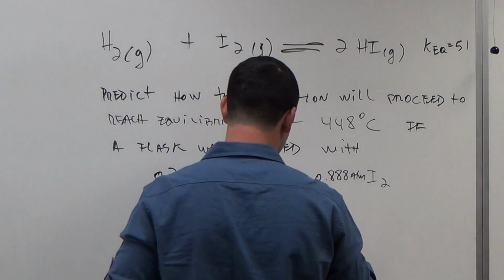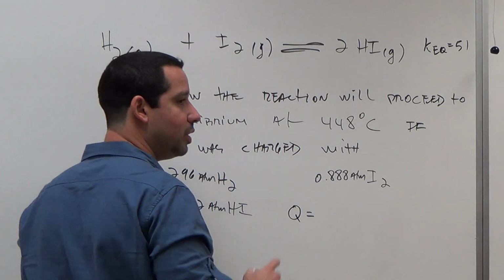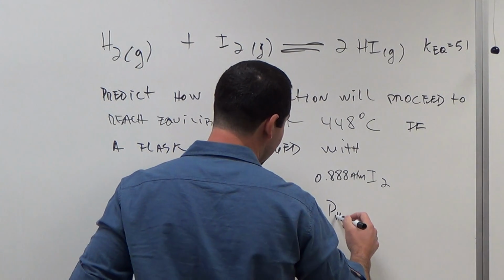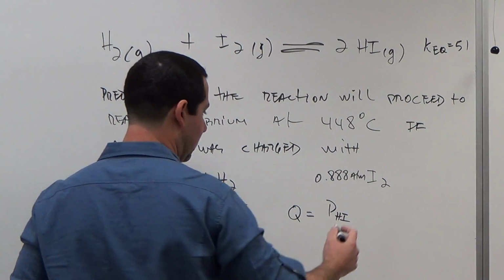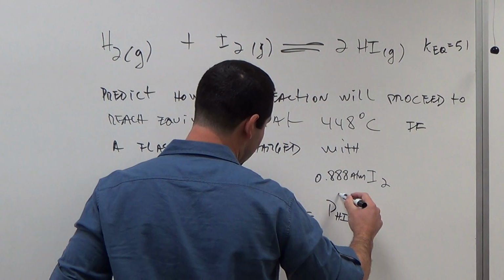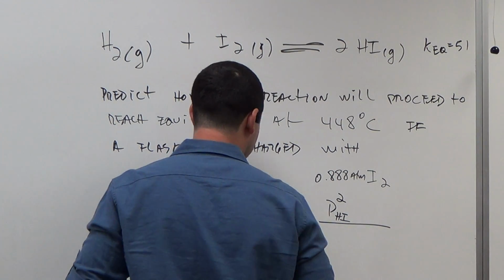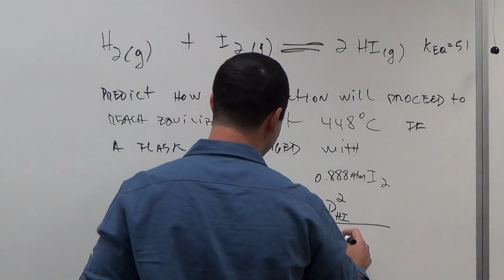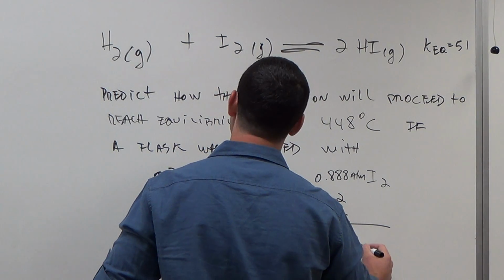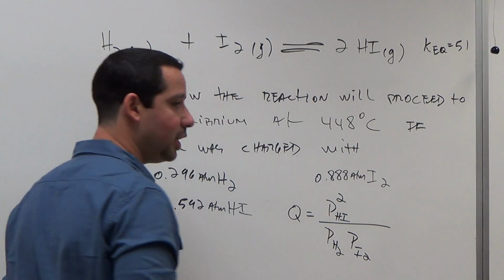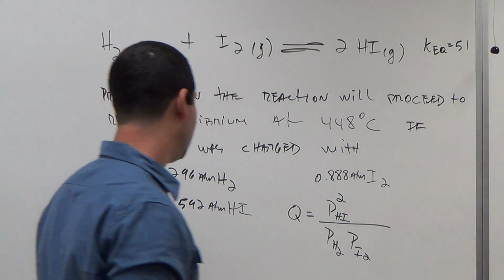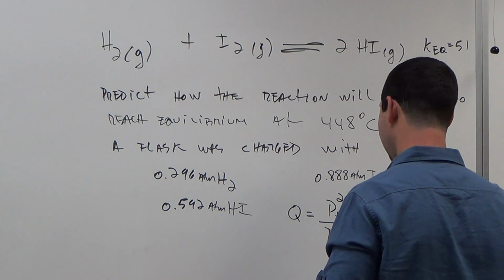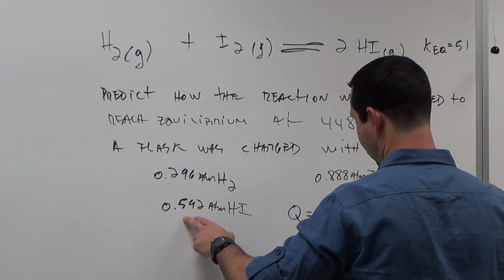So simple. I'm going to calculate Q. And Q is exactly the same expression as the equilibrium constant. So the pressure of HI raised to what power? The second power. Divided by the pressure of H2 and divided by the pressure of I2. I just plugged those numbers in. Don't be looking at the board and doing it. Look at your paper, do it, and just listen to what I say.